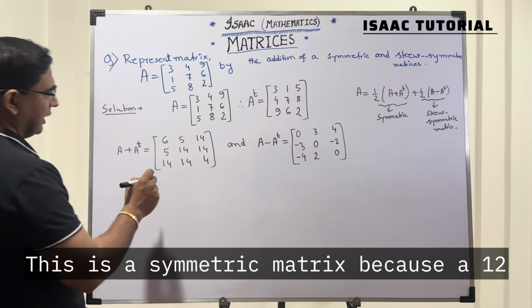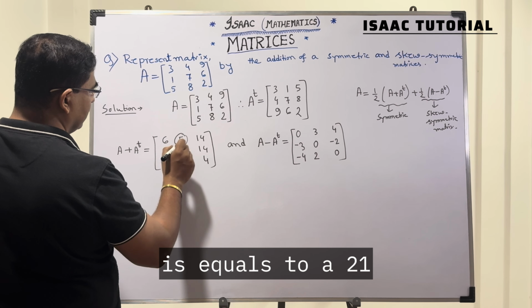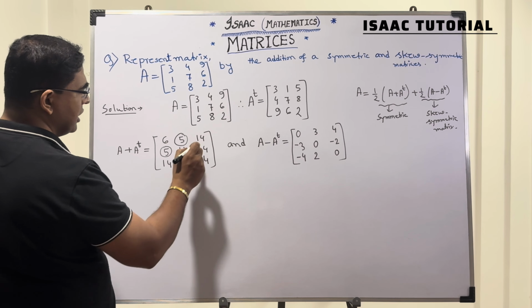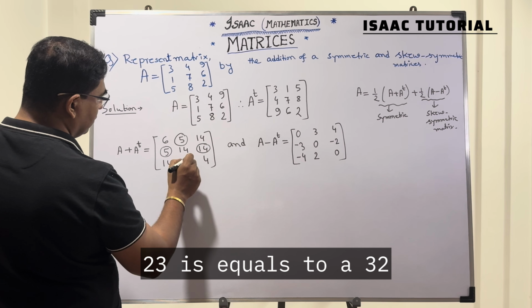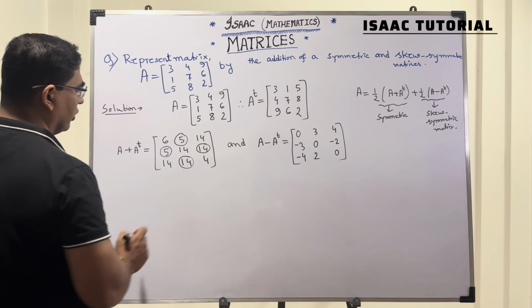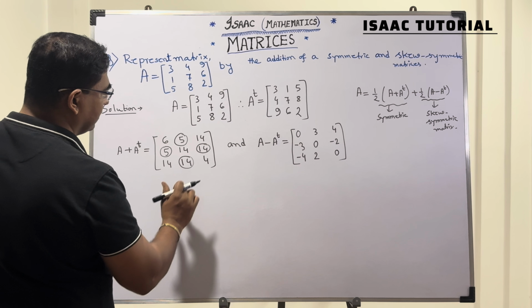The first is a symmetric matrix because A12 is equal to A21 and A23 is equal to A32, that means the transpose of this matrix is equal to this matrix.